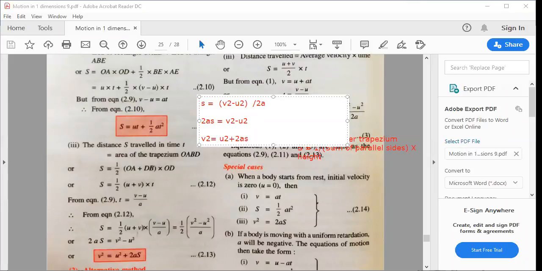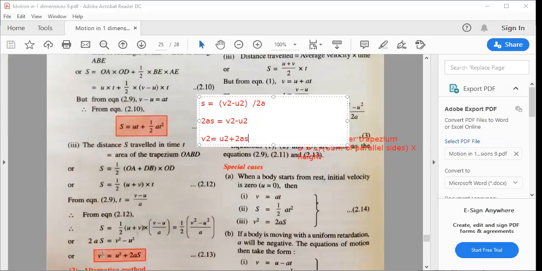Now if you observe the second and the third equation, the second equation has everything in terms of t. It is ut plus half a t square. The second formula doesn't have final velocity. It only consists of initial velocity, time and acceleration.